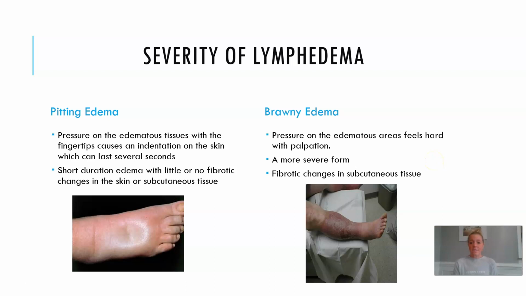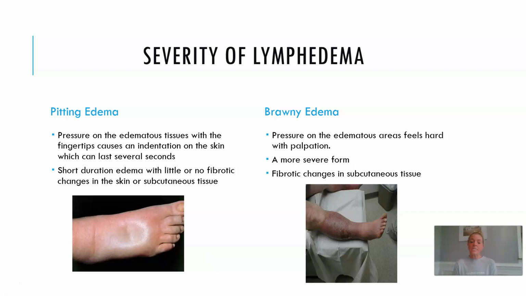So the severity of edema, we're going to talk about stages in just a minute, but some other terms that you can see as far as edema goes. One is pitting edema. I think this is a pretty good picture here of what that's going to look like. So the pressure on the swollen tissues will cause an indentation of the skin, and it lasts for several seconds.